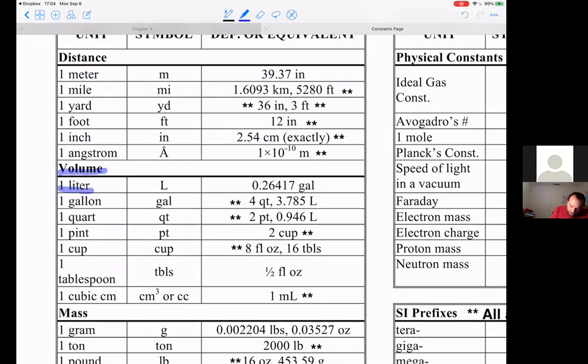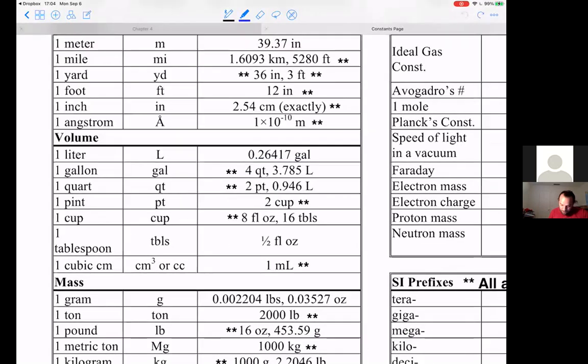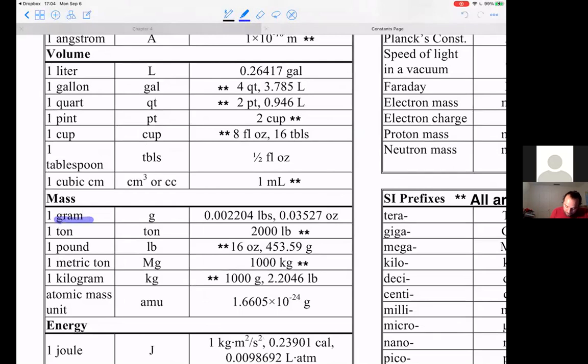We can go from liters to gallons or from, I don't even know, pints to cups, something like that, right? So that is what these tables are. We have it for mass as well, going from grams to pounds or kilograms to pounds, etc. Okay, so this is basically a giant list of all these conversion factors.